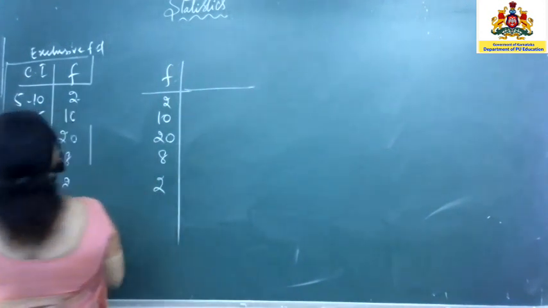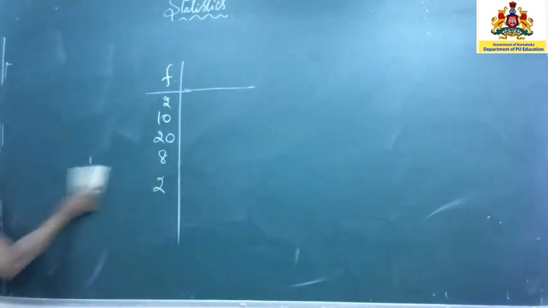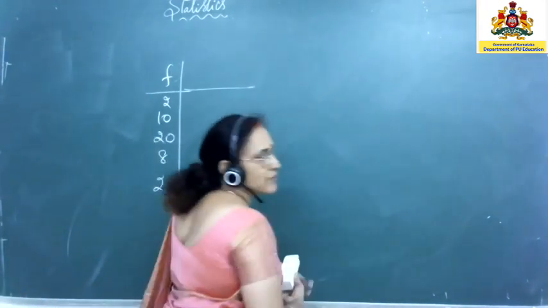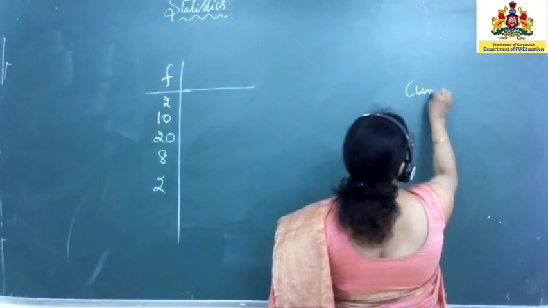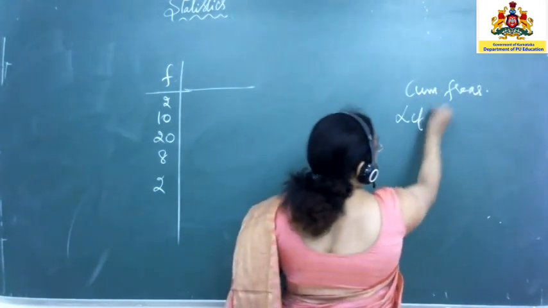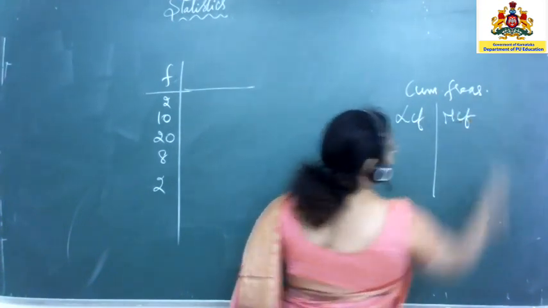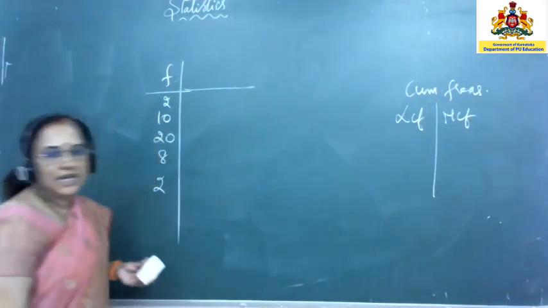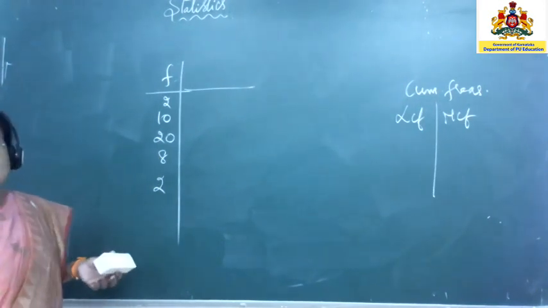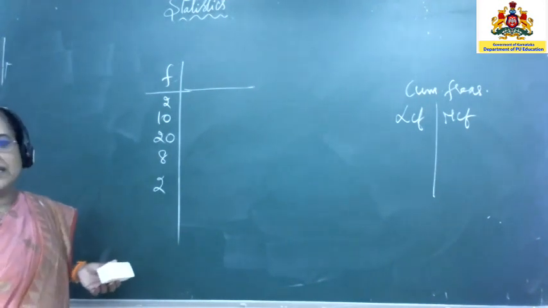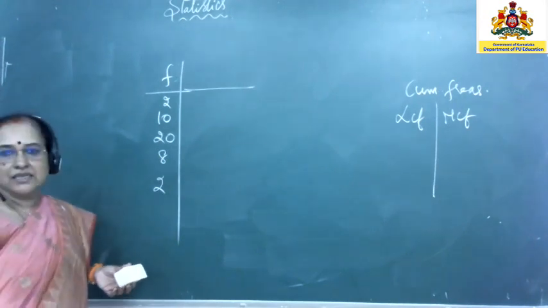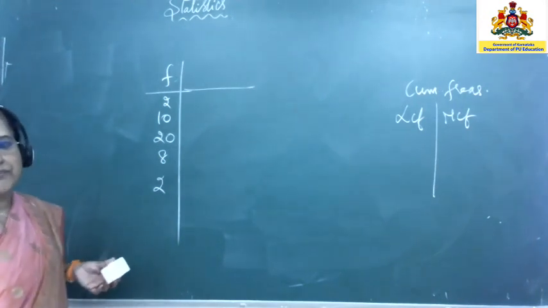Whenever you have a frequency distribution, you can calculate two types of frequencies, called cumulative frequencies: LCF and MCF, that is, less than cumulative frequency and more than cumulative frequency. These will be used in graphical representation. If you remember, last year in high school you would have done Ogive curves.